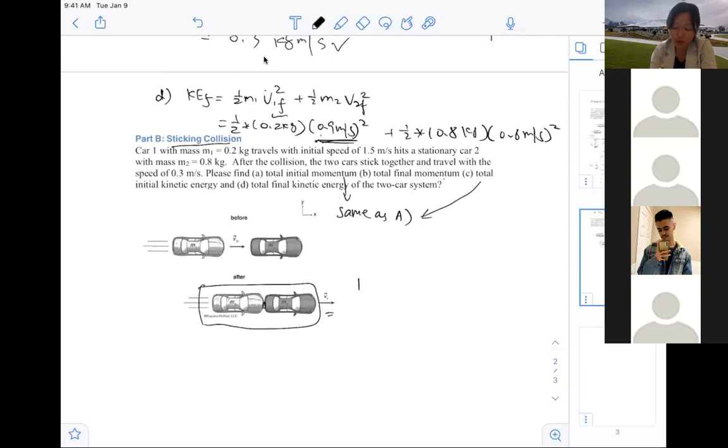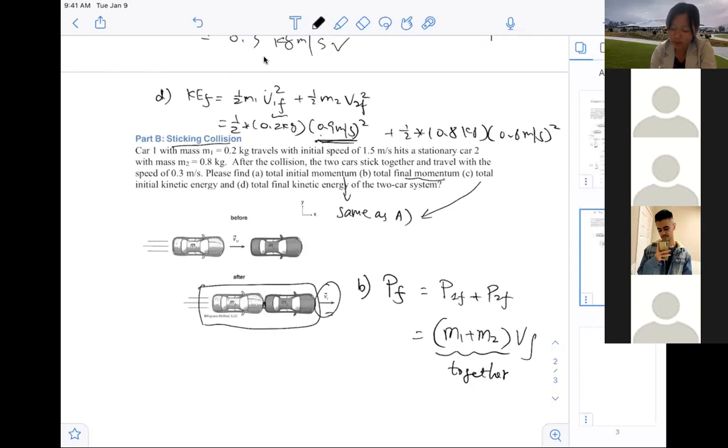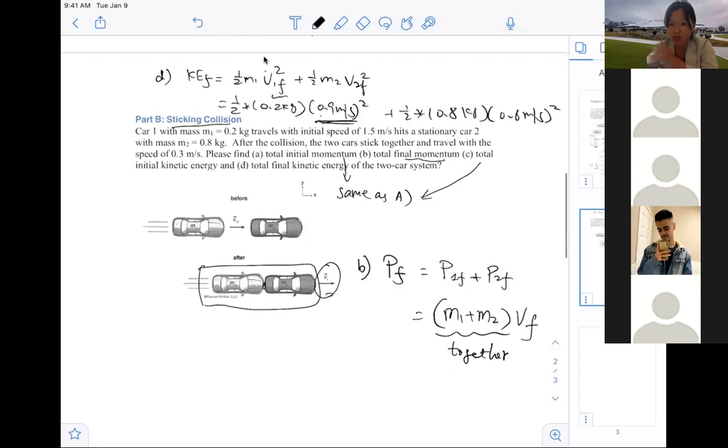Okay, so part B, the final momentum of the entire system is again cart 1 final and cart 2 final. But because they are all moving with the same velocity, they're moving together, I can do cart 1 and cart 2 together, moving with the same velocity, V final. Okay, so they're added together. You can group the masses together because they become one piece.